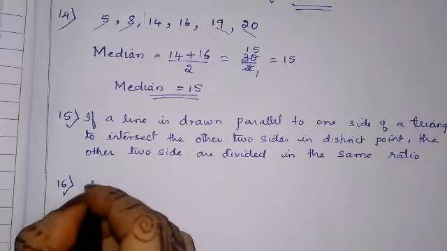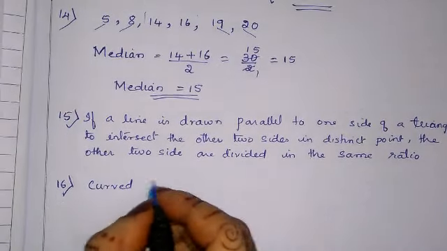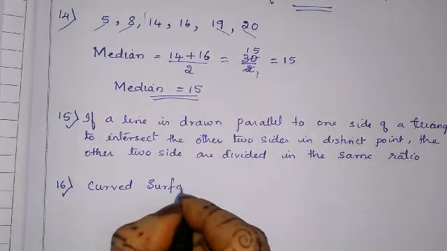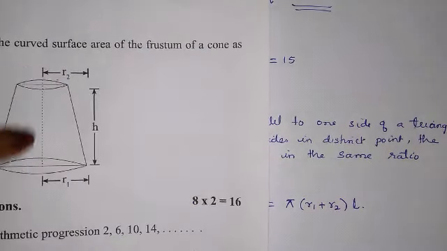We know that the curved surface area of a frustum of a cone is, you should be perfect in formulas because it is a sure 1 mark question, let me write, pi (R1 plus R2) L. Same as the cone, pi R L is the cone formula, but the frustum will have R1 and R2.